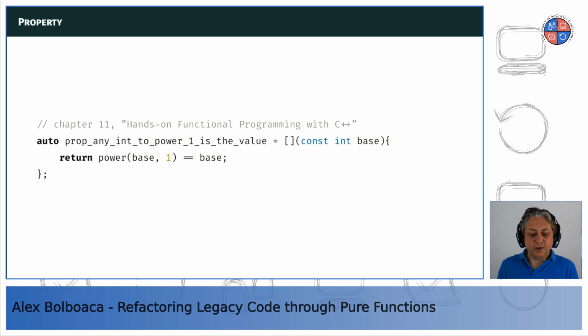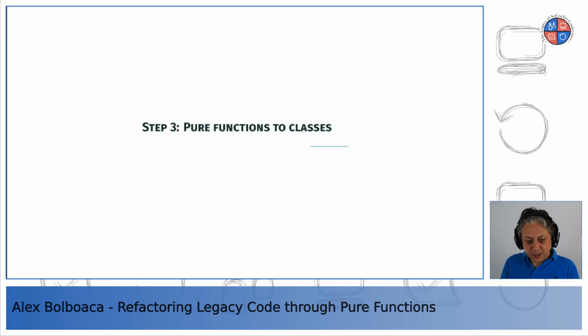For example, if you are testing something like a power function, one property that we know from mathematics is that any integer to the power 1 is the value. So then you can test for this kind of property, and this will cover many more values in a more general way than just testing for a table of elements. So you can combine these two.